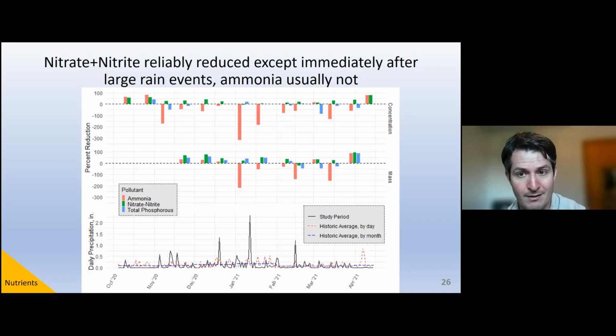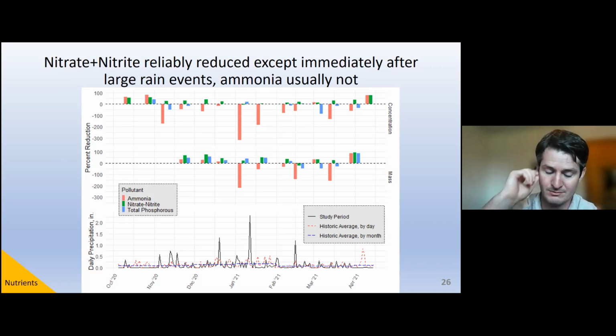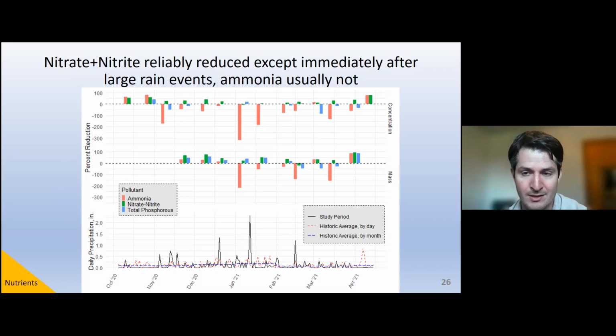There's something there, and I didn't really get to the bottom of it. During this study it could be biological breakdown, or ammonia actually being generated somehow in the constructed wetland. But yeah, so that's the data here.